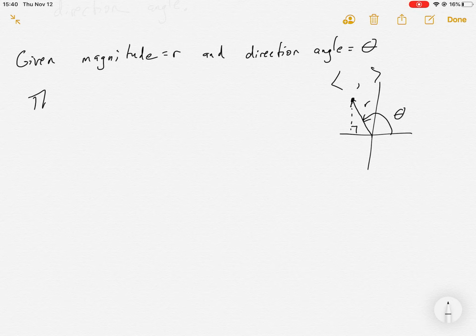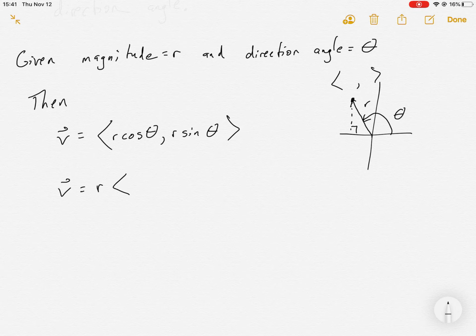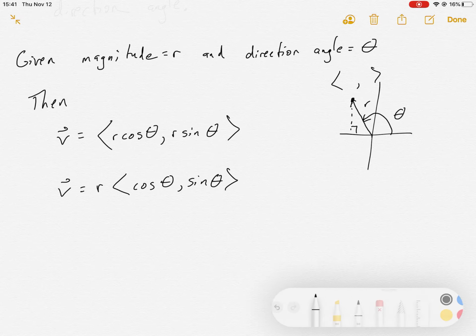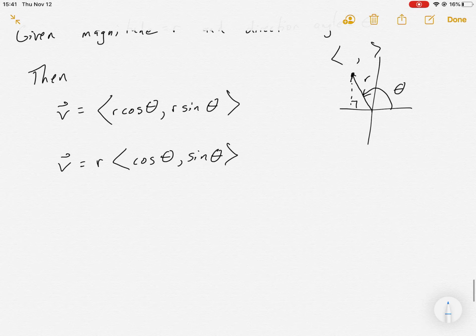So if we're given that, then the vector in component form is just going to be r times cosine of theta and then r times sine of theta, which is usually rewritten as just r times the vector cosine of theta, sine of theta. And what's really cool about this form is that this part here is actually a unit vector.